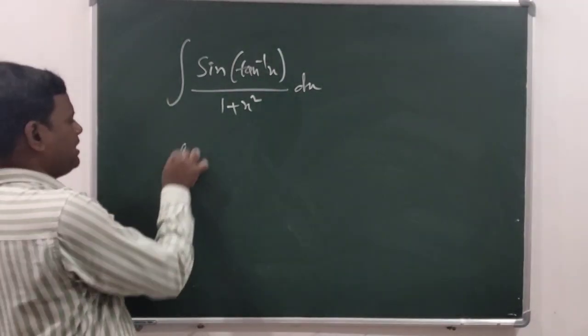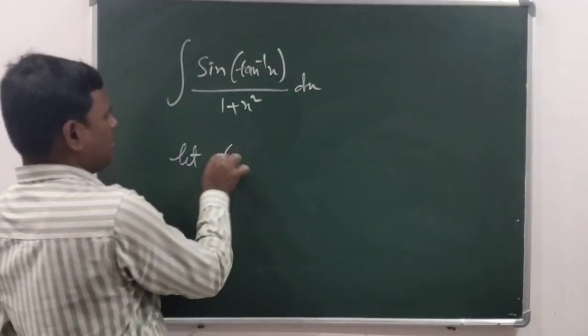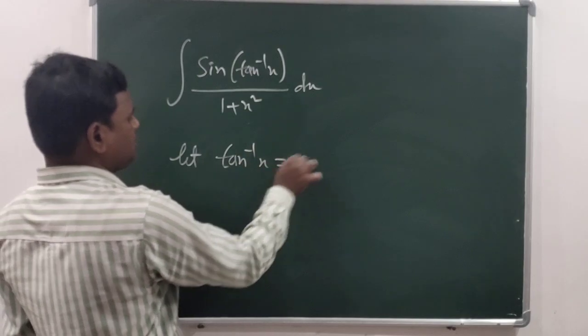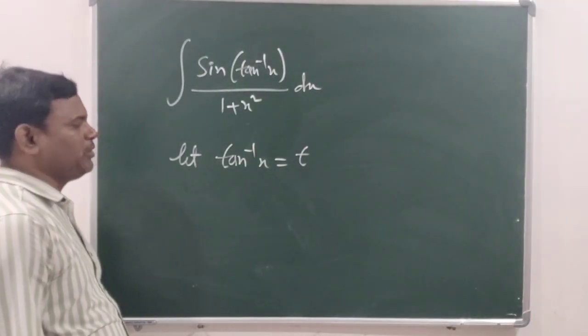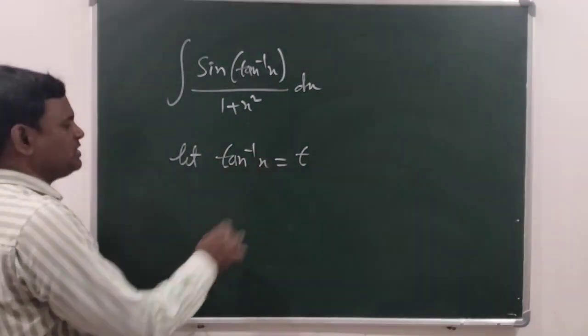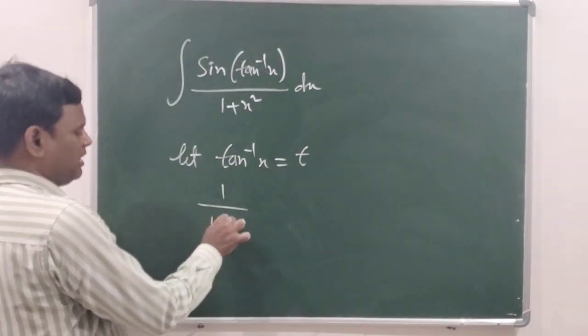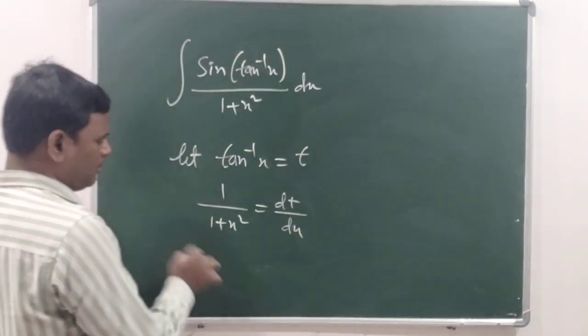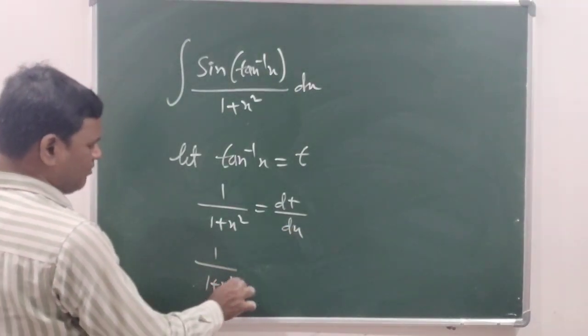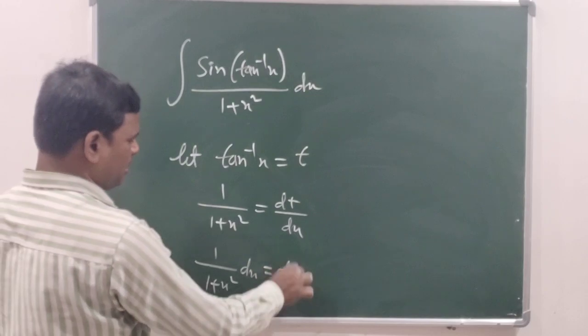Now see students, let us take tan inverse of x which is equal to t. Now differentiate on both sides with respect to x. So if you differentiate on both sides with respect to x, here 1 by 1 plus x square is equal to dt by dx. Bring dx to the left side. dx by 1 plus x square equal to dt.